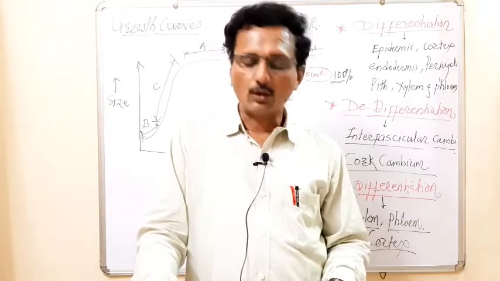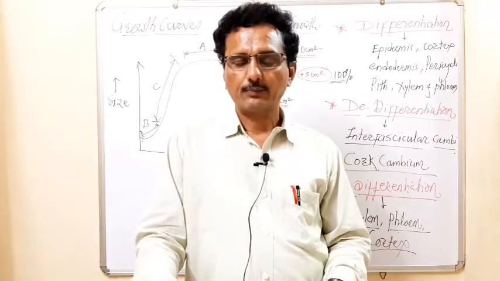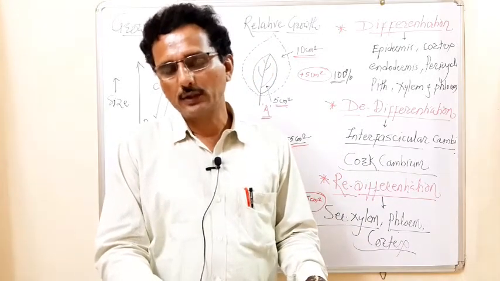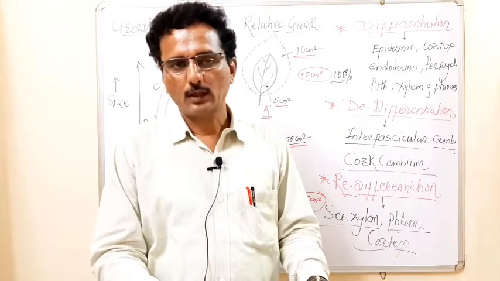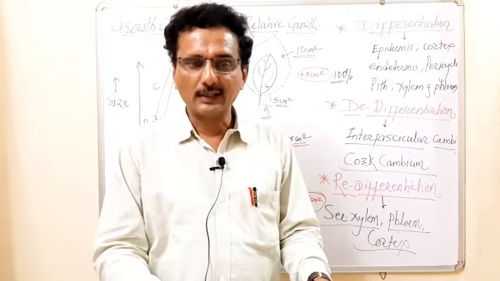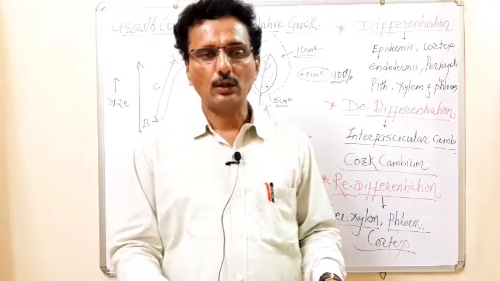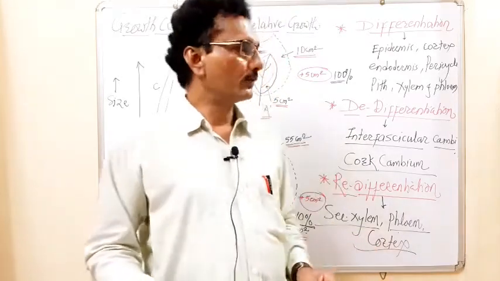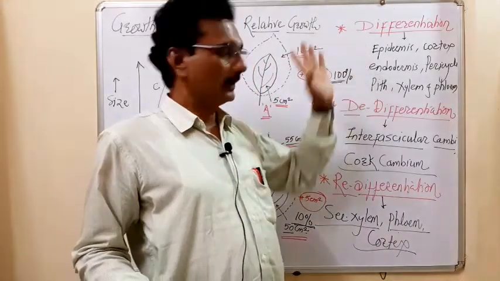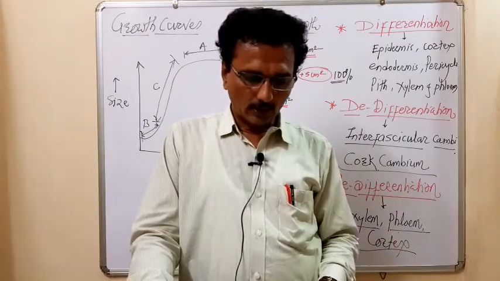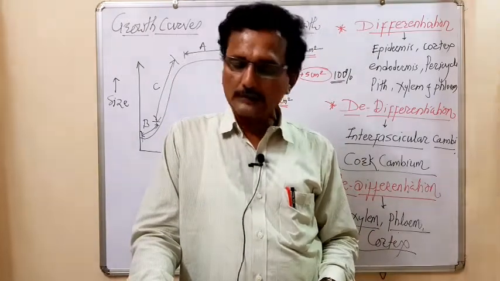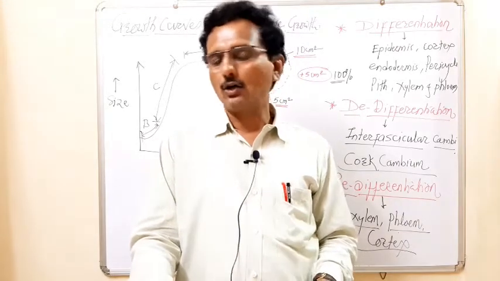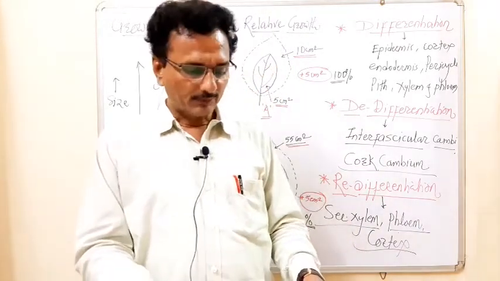And fourth option, all of these. Remember student, all three changes given are permanent changes. The formation of permanent cells from the meristematic cell is called differentiation. So all these changes are related to differentiation. What is the correct answer? All of these, the fourth option, is your answer.